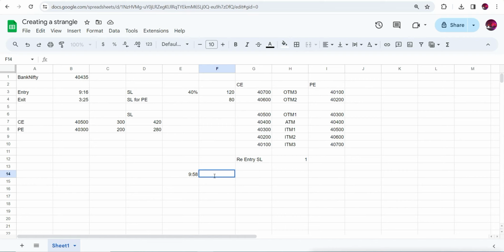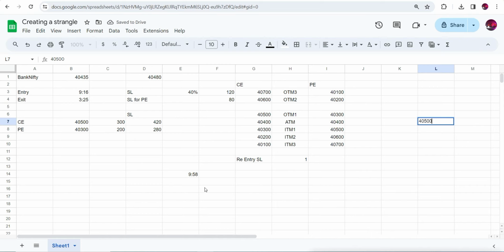For example, at 9:58 the Bank Nifty price was at 4480. According to that, what is our at the money? At the money is 4500.